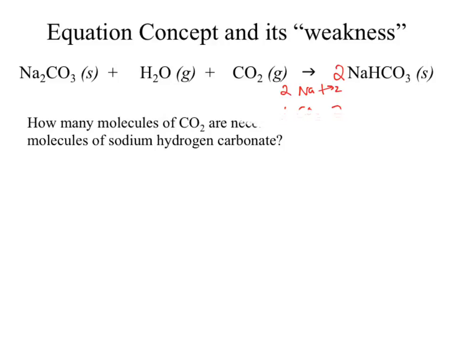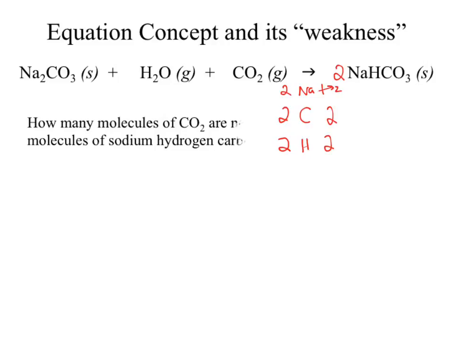What we will have to do is balance out each of the elements. So, how many carbons on the left? That is 2. Wow. How many carbons on the right? 2. How many hydrogens on the left? 2. Hydrogens on the right? Fix that, sorry.